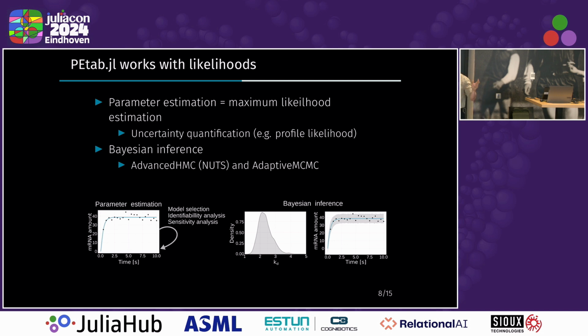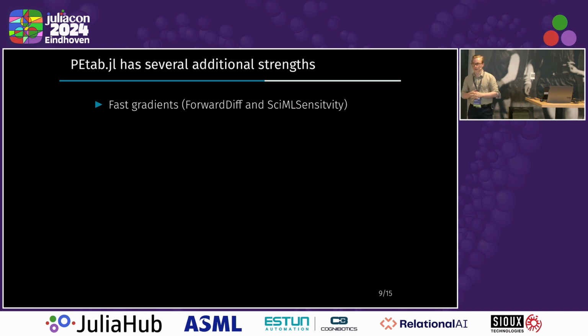So besides setting up the problem and doing the modeling pipeline, we also have some fun things on the inside of the PEtab package. And one is that we probably spend too much time thinking about gradients. So if your model is small, we support gradient computations via the ForwardDiff package. And this is often the most efficient approach for models with less than 75 parameters.